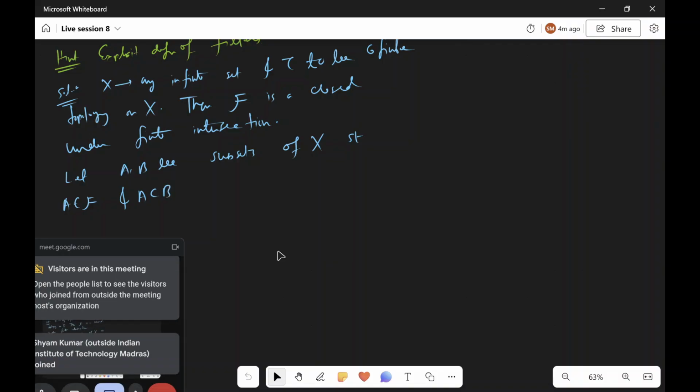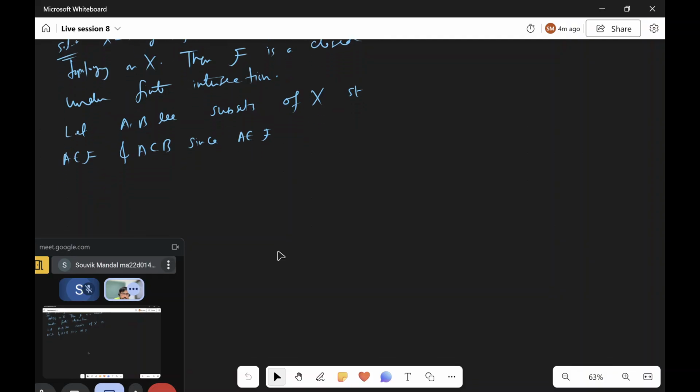Since A belongs to script F, A is equal to X minus S for some set S, and S is a finite set; it is important to keep note of that.